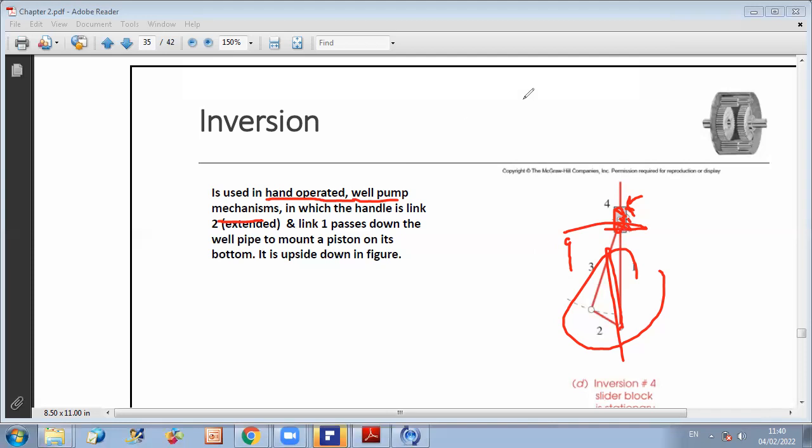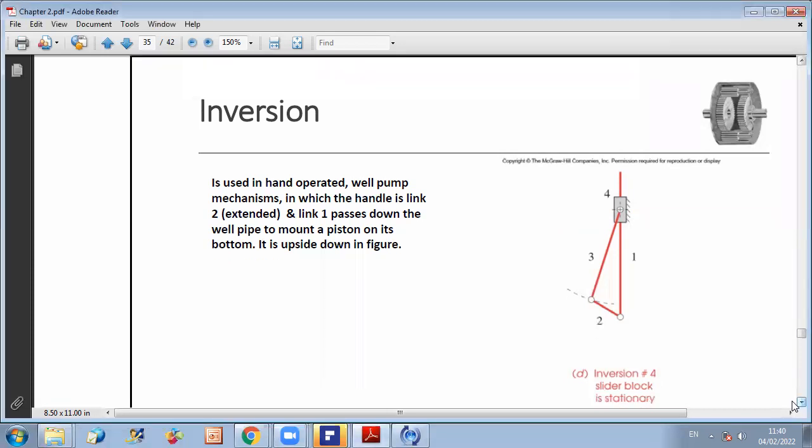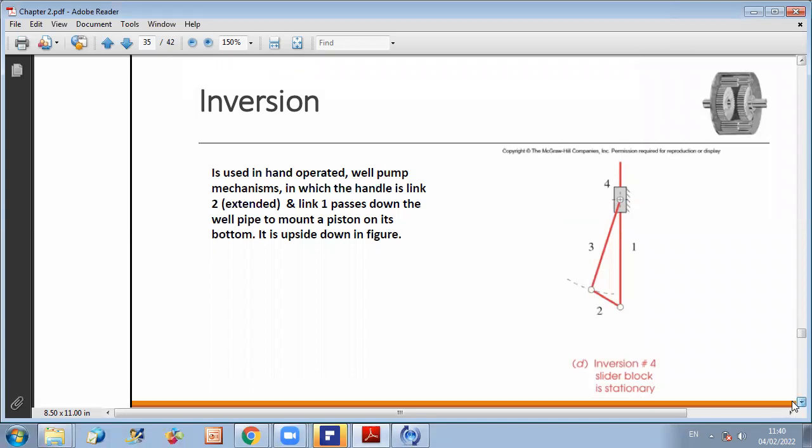So we have seen how we can create several inversions by just changing the link which is attached to ground.